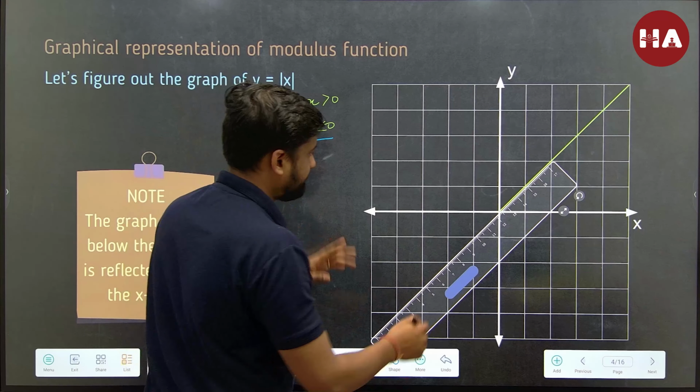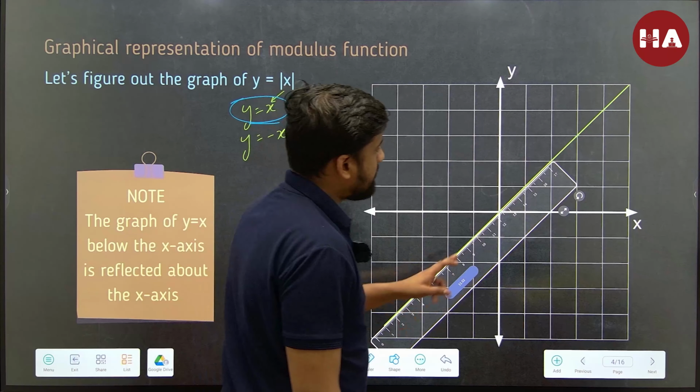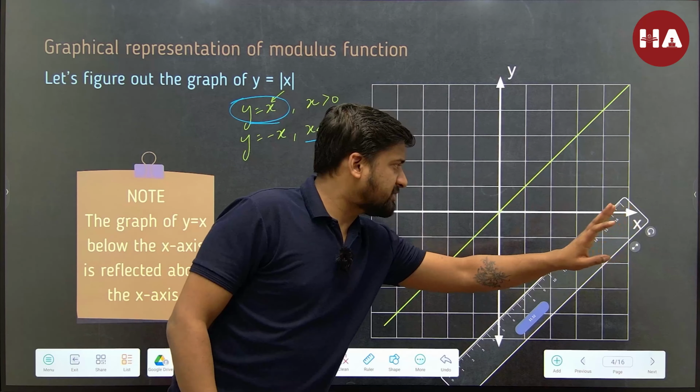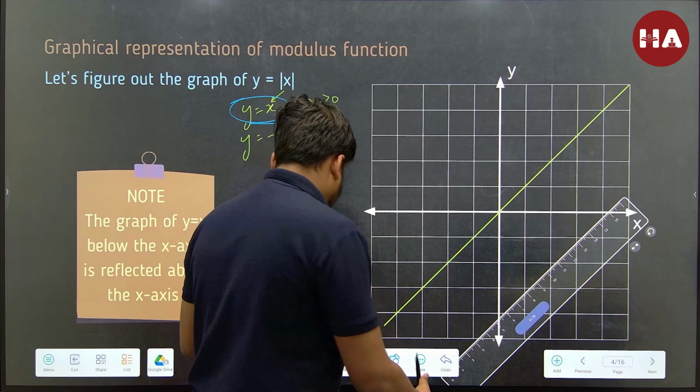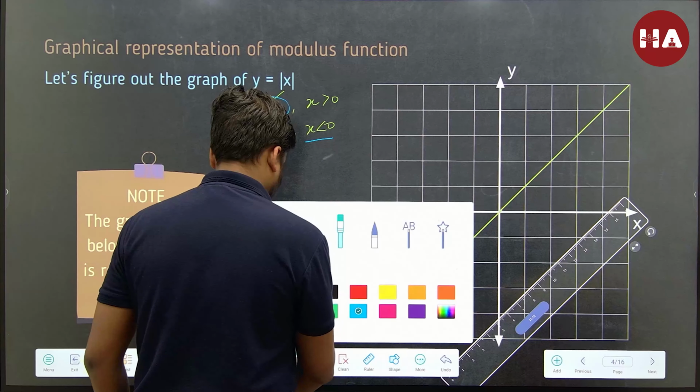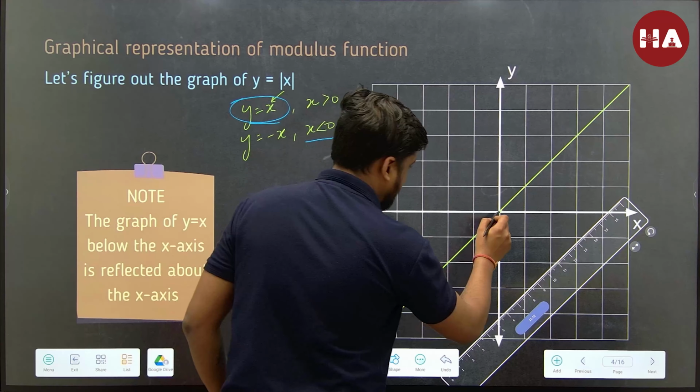All right. Now what we are going to do is the part that was below the x axis, right? That is this part.